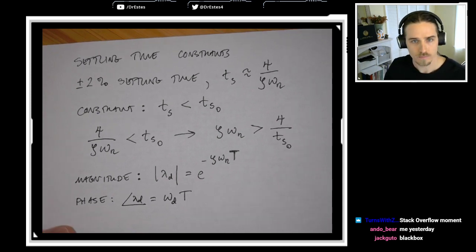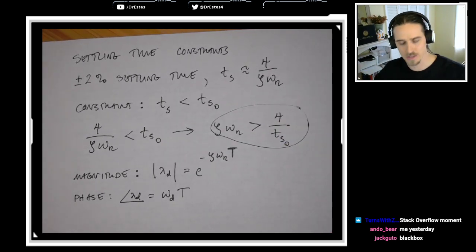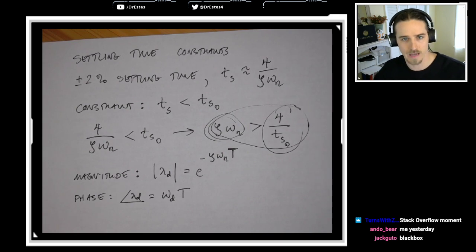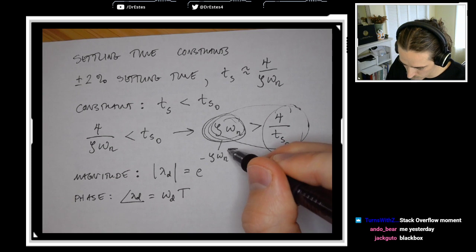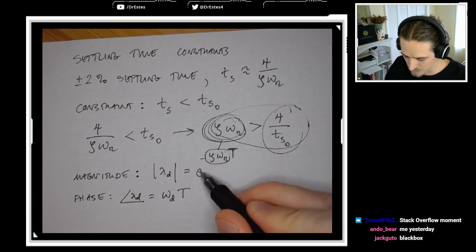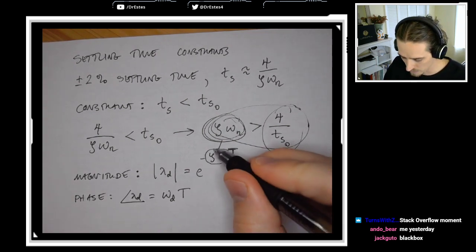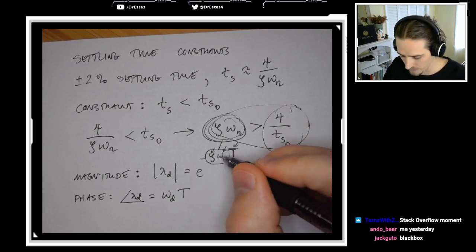Okay, so we know that to be less than a certain settling time, this product needs to be greater than that. This product appears in that exponential for the magnitude. So we know that this is e to some negative number, because every number in here is positive, but we have a negative sign out in front.